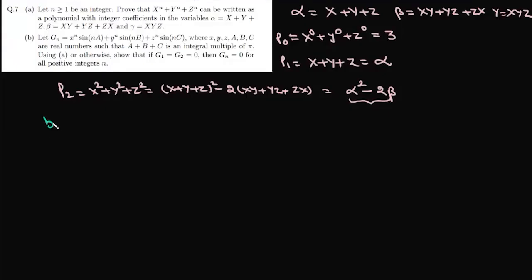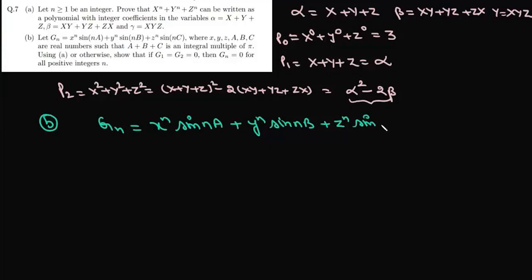Now we'll come to part B, where we are given this gn, which is x to the power n sin na plus y to the power n sin nb plus z to the power n sin nc, where x, y, z, a, b, c are real numbers such that a plus b plus c is an integral multiple of pi.